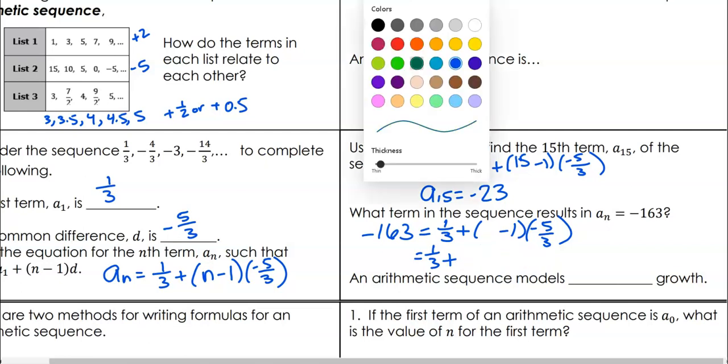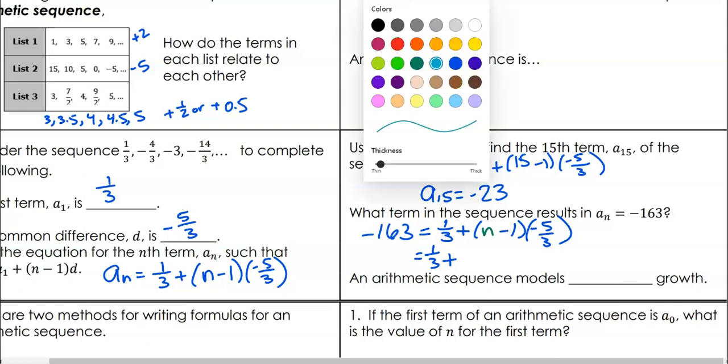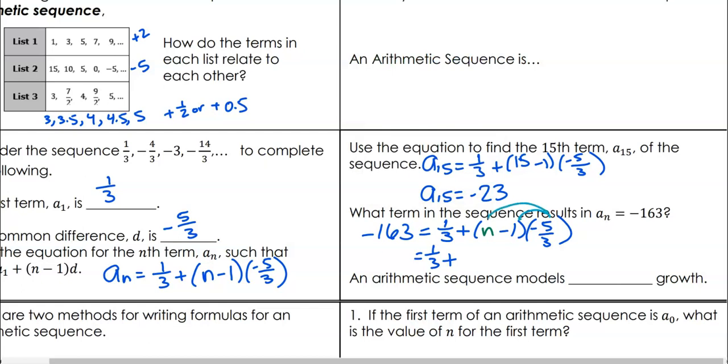I am distributing -5/3 to n minus 1. So here, -5/3 times -1, I'll do that first, is a +5/3. That helps because all my fractions are next to each other. -5/3 times n is -5/3 n.